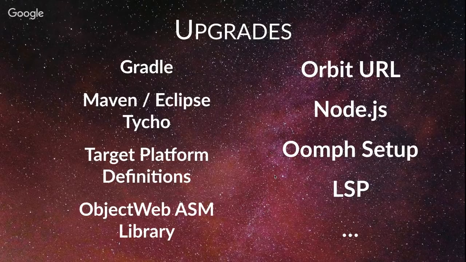For Java, we had to update the ASM library and so on. The setup: whenever something changes in the project structure, you as a developer want to just use this setup, and of course we have to manage that it's working for you.